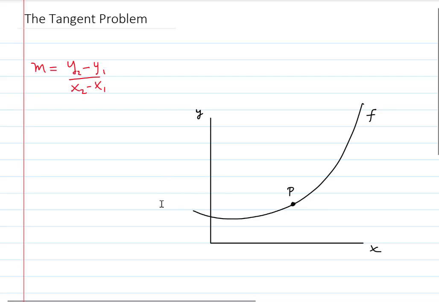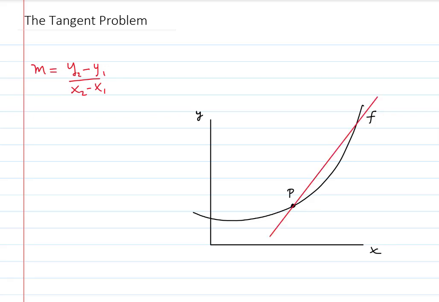So let's start approximating this. We can't find it right away, at least not with the algebra that we know. Trace a line that would intersect the function at 2 points, so it goes through P still, but we have a second point on the function.